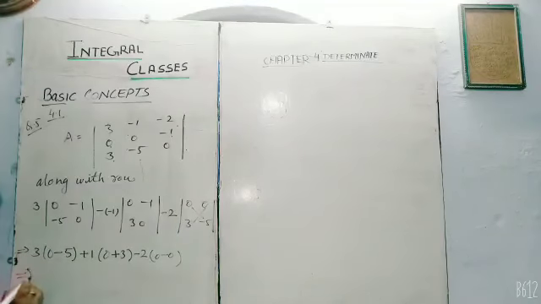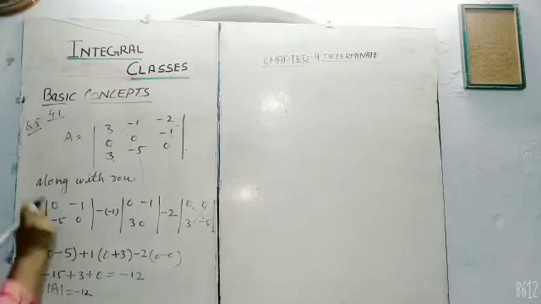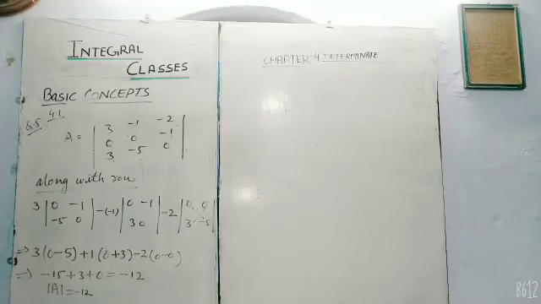Now we get the answer 3 into minus 5 is minus 15, 1 into 3 plus 3 plus 0, then we get minus 12. It means the determinant of A equals minus 12 if we solve along the row.